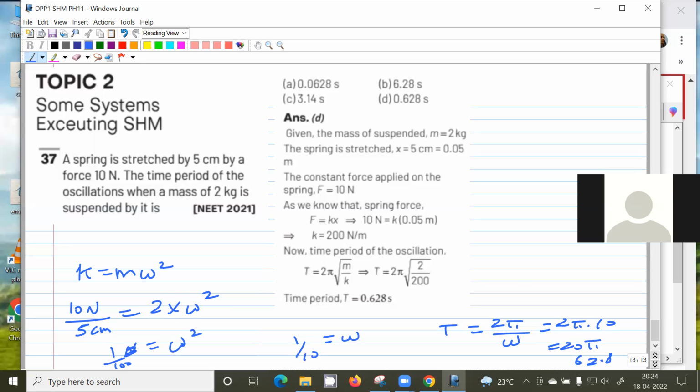So I have to convert the centimeter into 10 power minus 2 meter. Yeah, that's why it became 1 by 100, or it should become 100. Yeah, it should become 100. So omega is 10. Yeah, that's a mistake. So this will become 100.